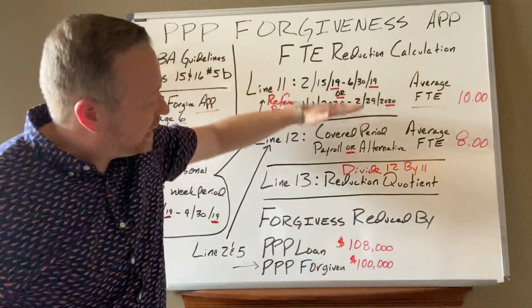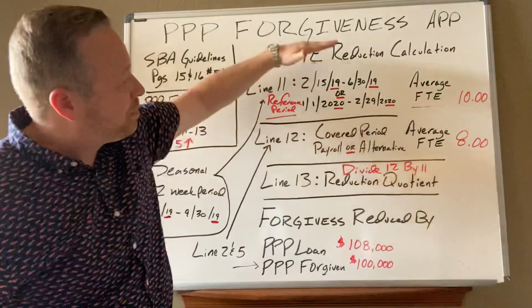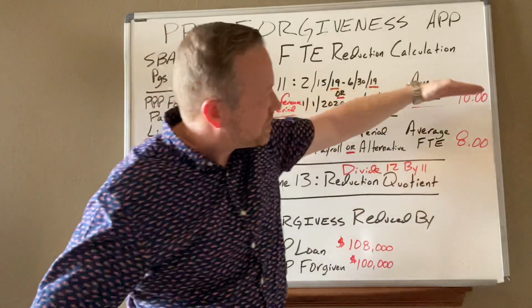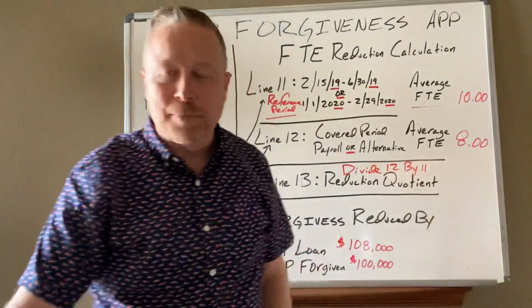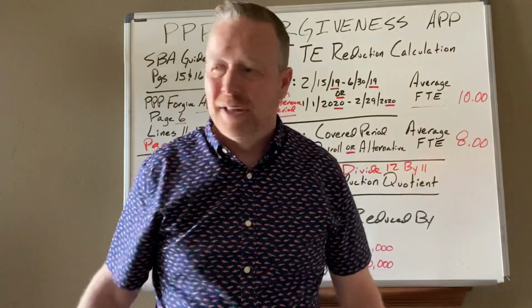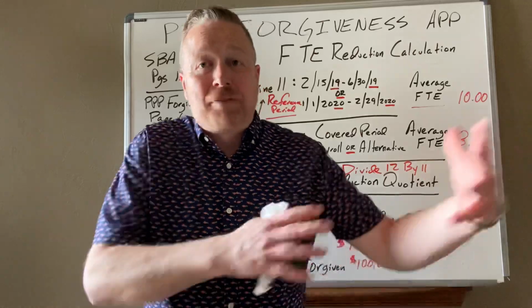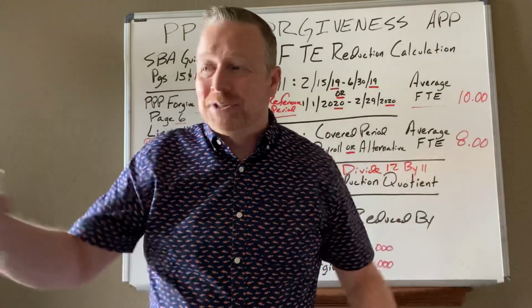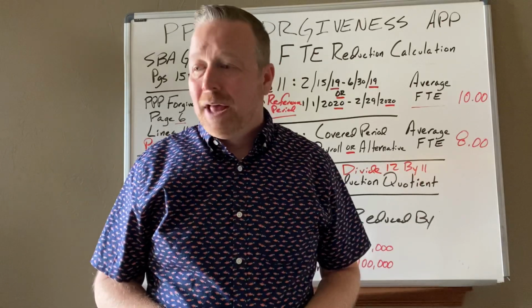You're not even putting any of this information on page 6. You're on line 11, 12, and 13, it's just a 10, an 8, and then there would be the 80%. So there's so much behind the scenes. And it's coming from the app and its explanations on page 5, as well as the SBA guidelines laid out.